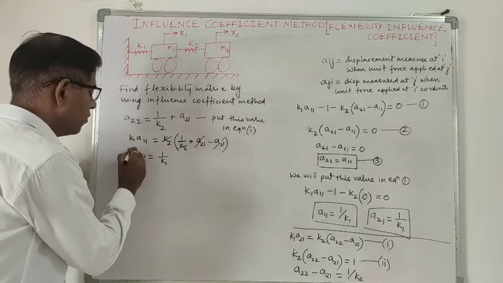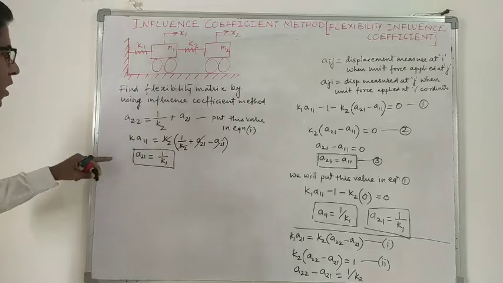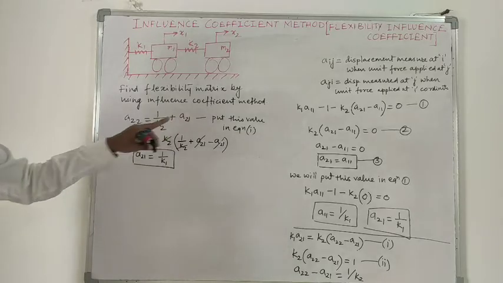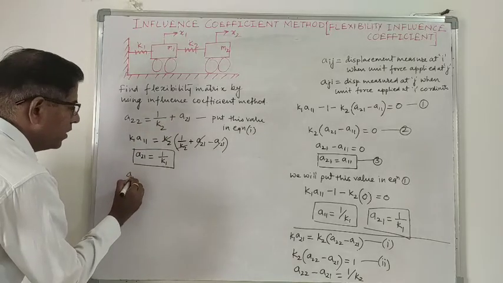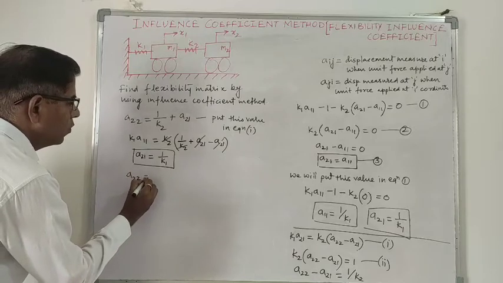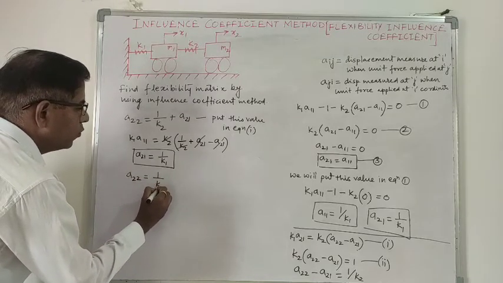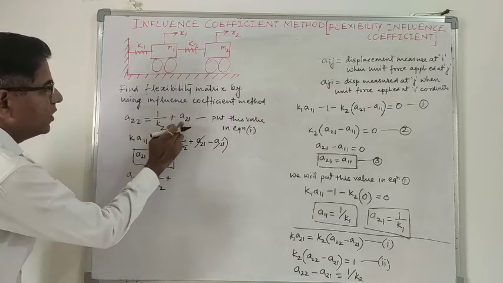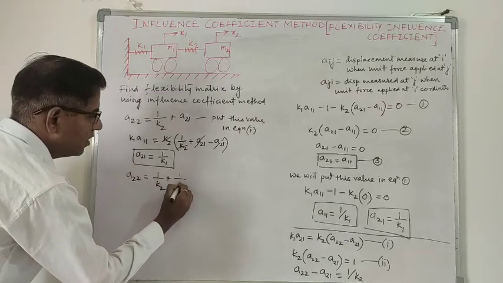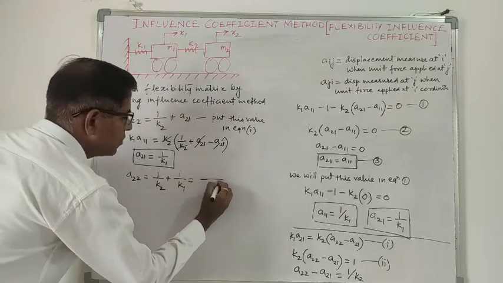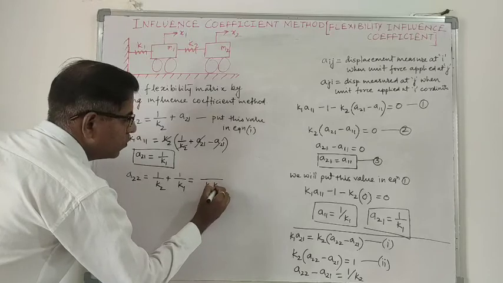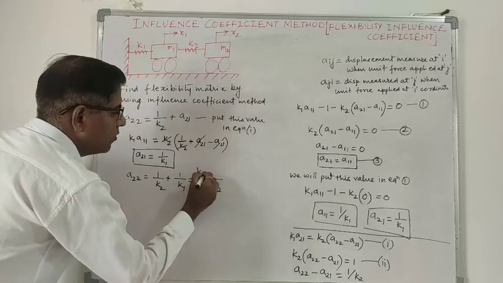Okay, so this we have obtained. Now we'll put this A12 value here. So A22 is equal to 1 upon K2 plus A12, that is 1 upon K1. So this becomes K1 plus K2 upon K1 K2.